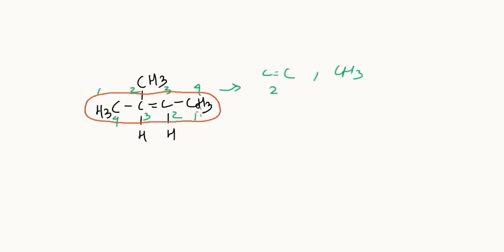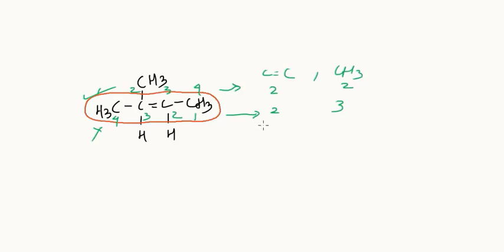And in this numbering system, the double bond is again getting the number 2. For the methyl group, in this one it is getting the number 2, whereas in this one it's getting 3. So here, overall, everything is getting the least possible number, and in this one the methyl is getting a higher number. Therefore, we would not be selecting this, and we would be selecting this numbering system.